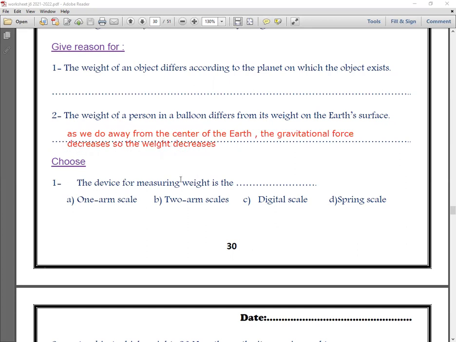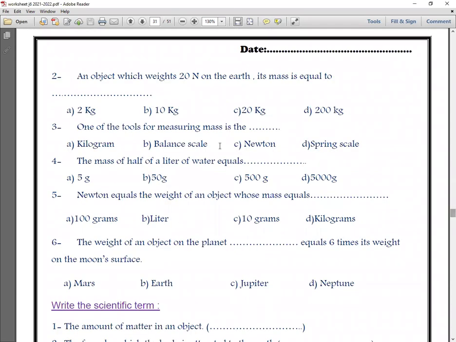Choose. Number 1, the device that's used to measure the weight is the spring scale. Number 2, an object which weighs 20 Newton on the Earth, its mass equals what?